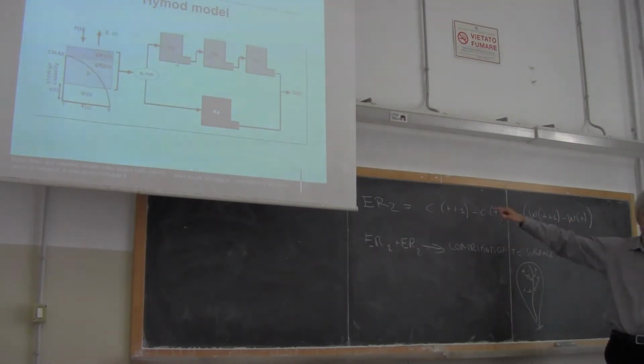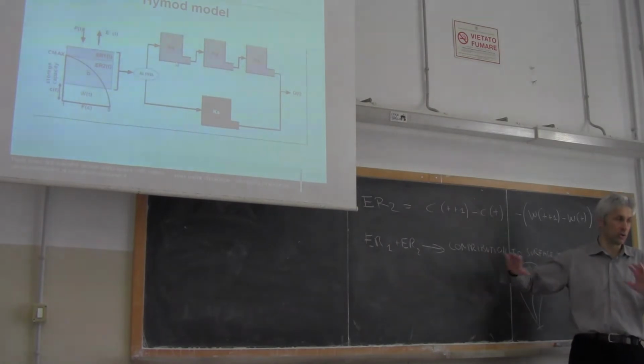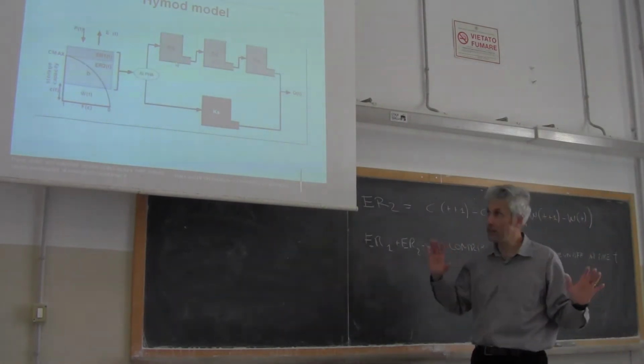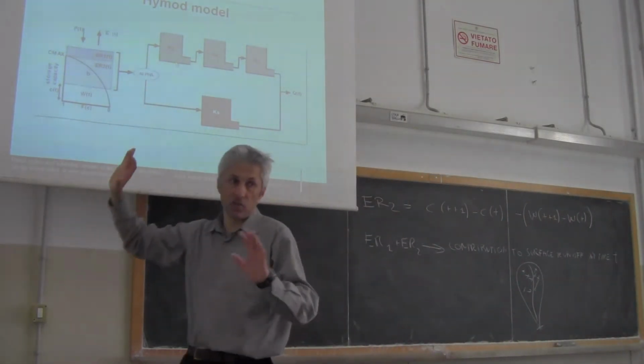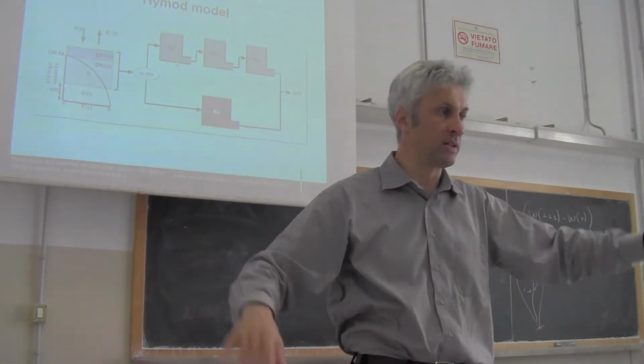So computing this is just a difference, nothing else, once that you know the parameters and the input data. The same for ER1. ER1, you know Cmax, you know Ct, very easy to compute. And therefore, ER1 plus ER2 are very easy to compute again. Applying alpha is just a way to split the sum ER1 plus ER2 into components.